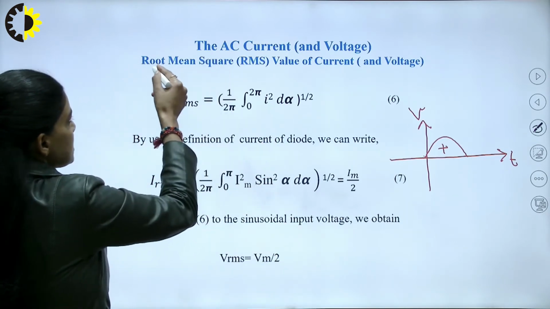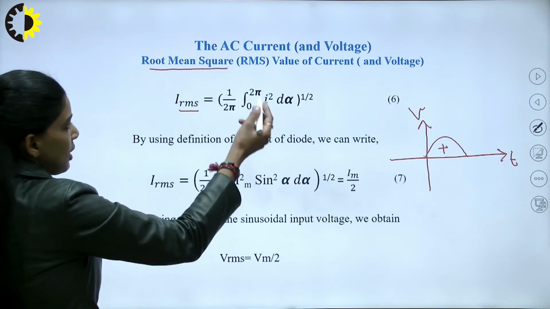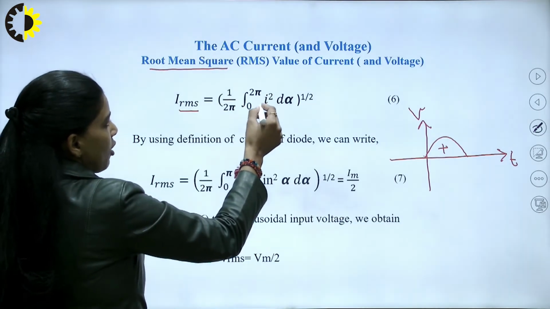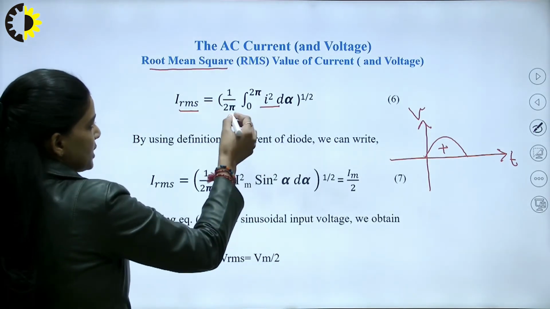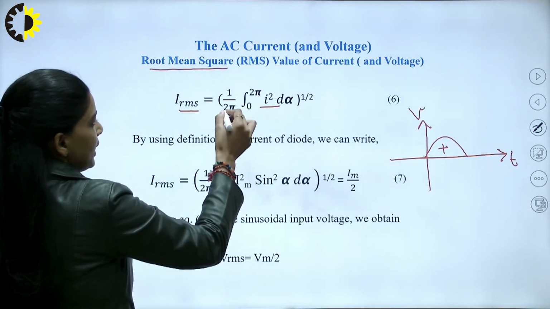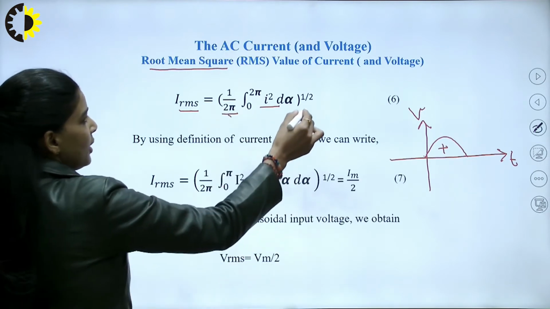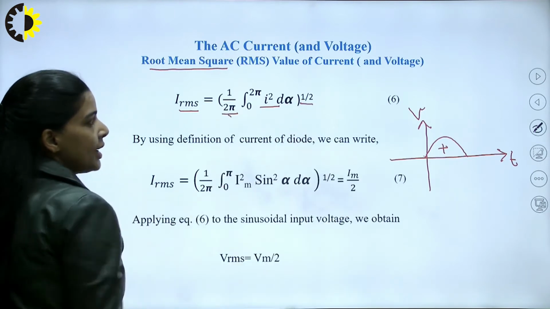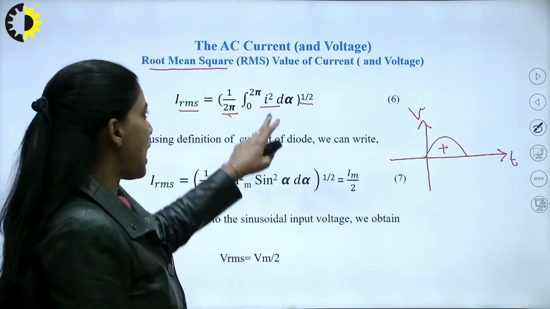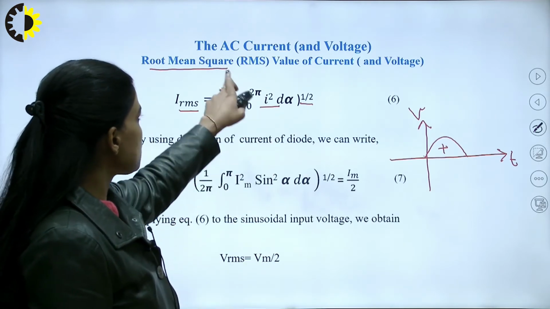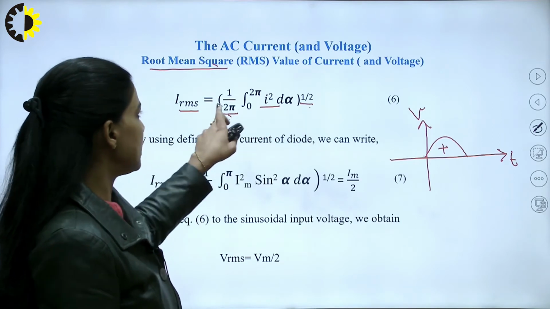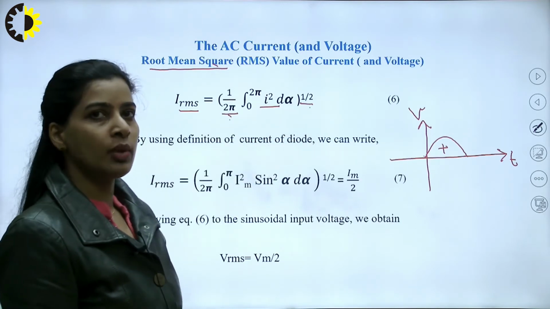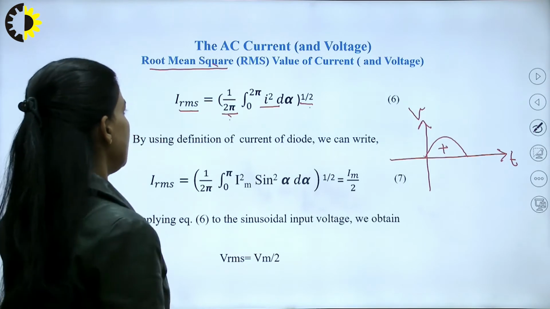As the name suggests, it is root mean square. So, I have written the square of the current, I square, its mean, integrated and divided by 2 pi, then the complete thing taken as root. It will give the root mean square value of the current.